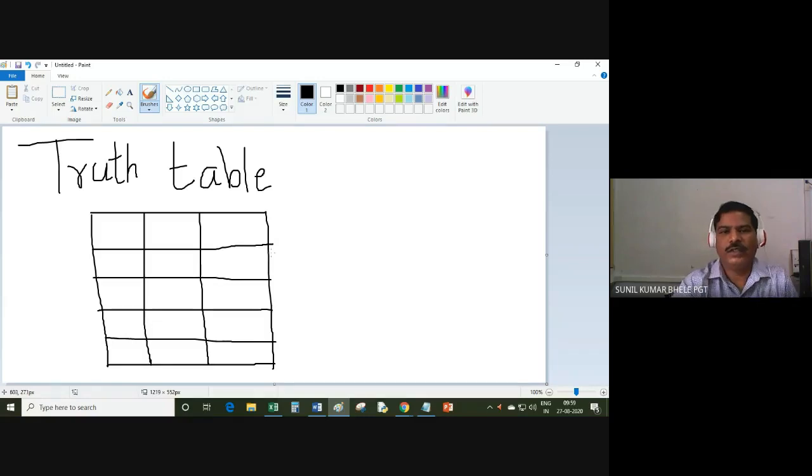A truth table contains the input values and the output. Suppose the inputs are A and B. Then the output will be A dot B.